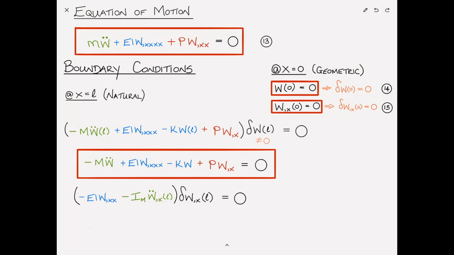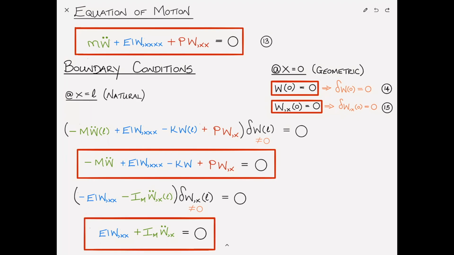Again, since we're evaluating this at x equals L, we can drop this explicit dependency on L. And since we know that the slope at x equals L is not necessarily 0, we need to assume it's arbitrary. Therefore, it might not be 0, in which case what multiplies that must be 0. So, and I can flip the signs on each of them, EI w comma xx plus I sub m w comma x double dot is equal to 0. Red box around that, and we're done.